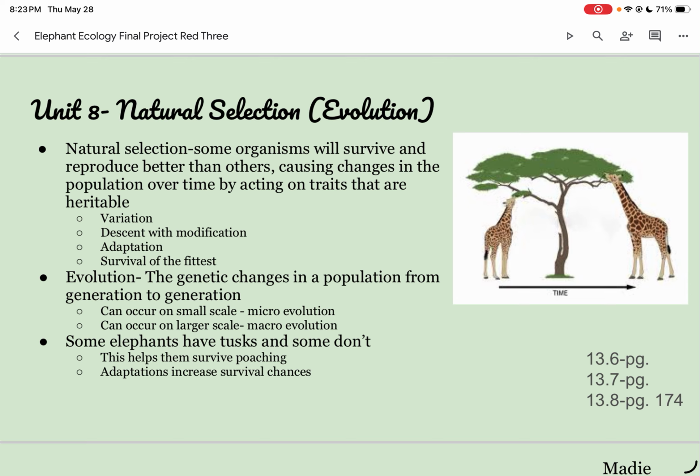Natural selection occurs when some organisms survive and reproduce better than others, causing changes within populations over time by acting on traits that are heritable. Parts of natural selection include variation, descent with modification, adaptation, and survival of the fittest.